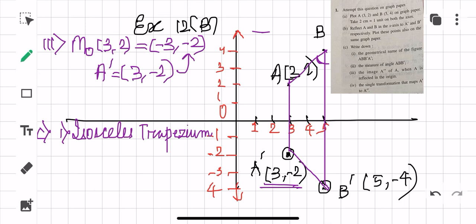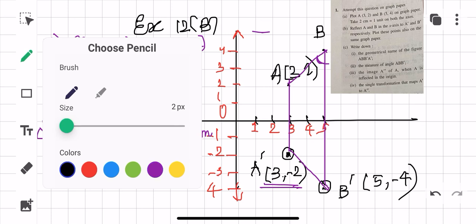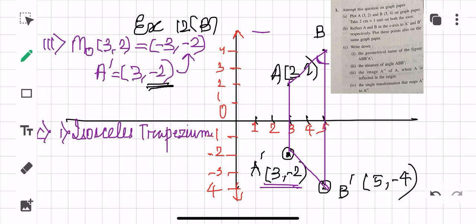So the answer is very natural, children, that you can see here that in this particular thing, the y coordinate is remaining the same, the x coordinate is changing. So if you want to keep the y coordinate the same, what do you have to do? You have to go for a reflection in the y-axis. So your answer for the fourth will be that if you want to go directly, then we can just reflect it in the y-axis. Okay, so your answer is reflection in y-axis.